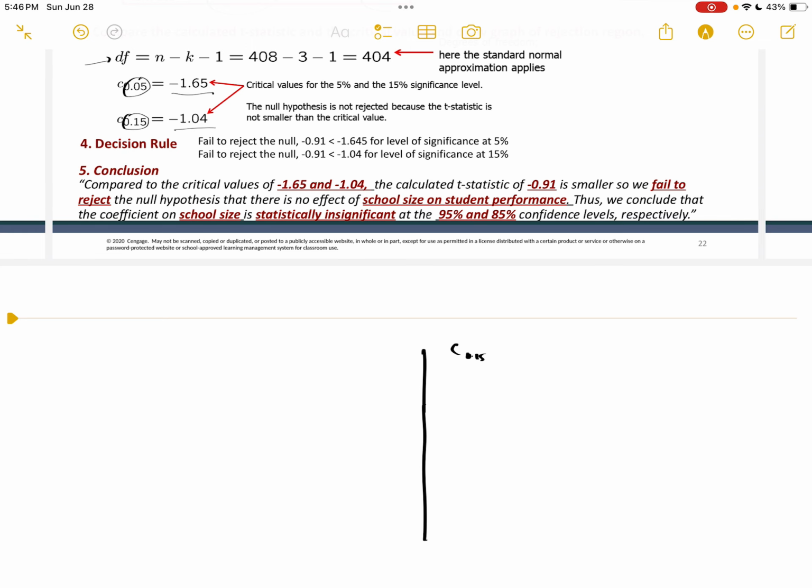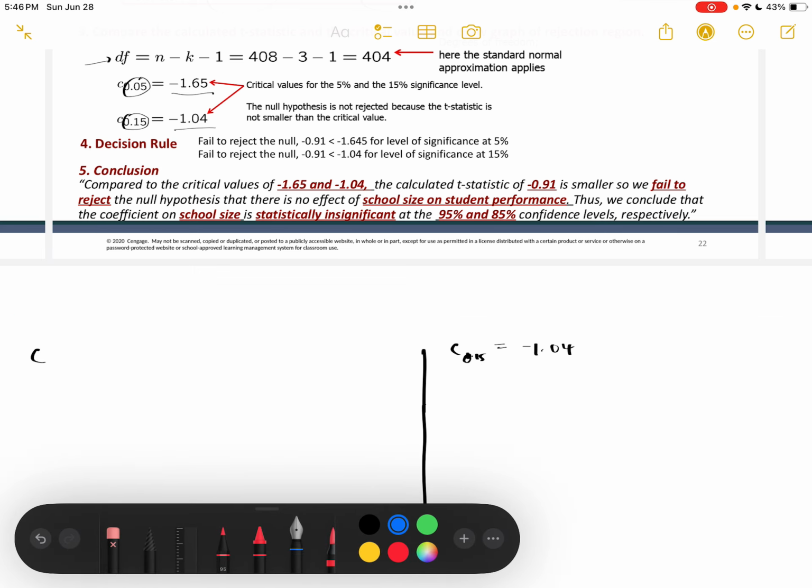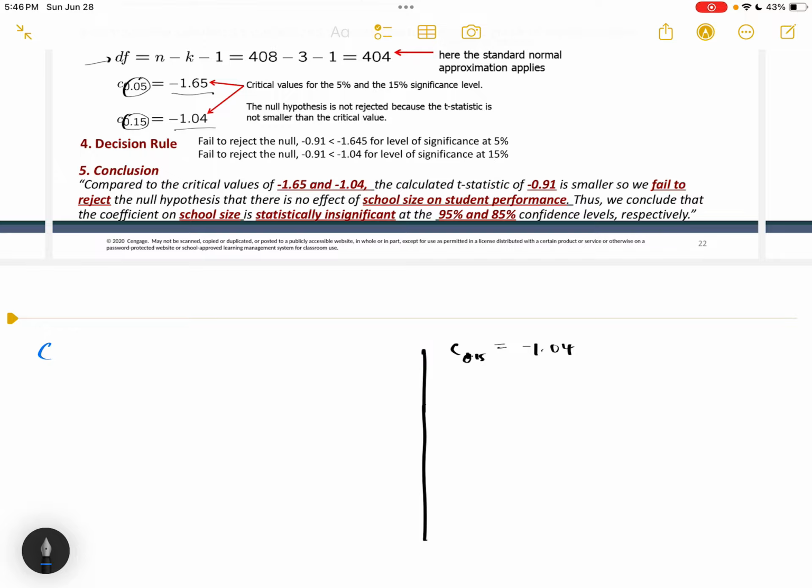So here we have the critical value 0.15 equal to negative 1.04, and here, let's use a different color so it pops differently on your end, in blue we have critical value 0.05 equal to negative 1.65. And I will draw it on the left side. So something like this. Very good.